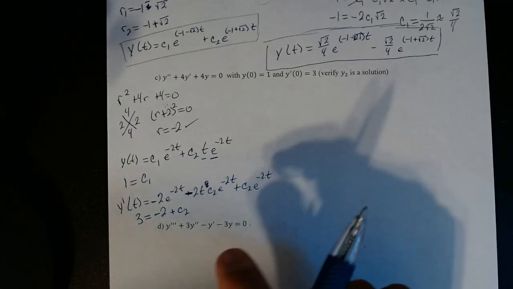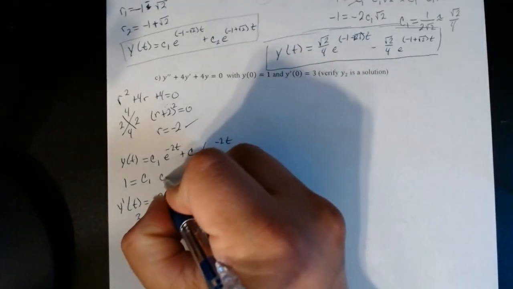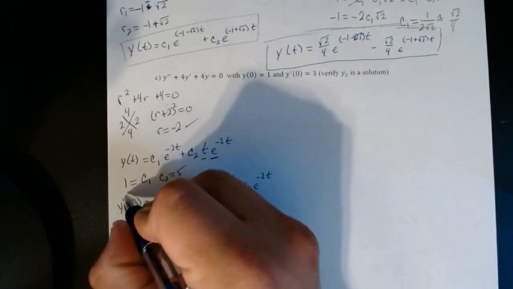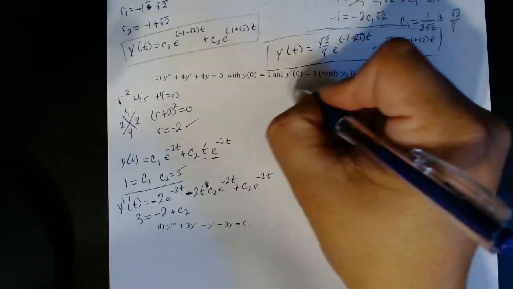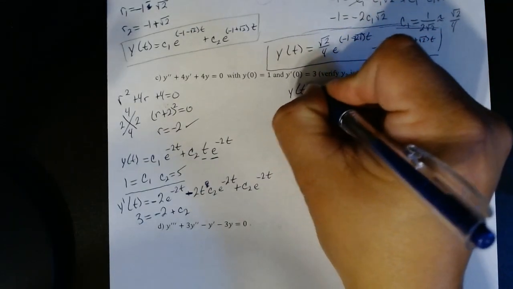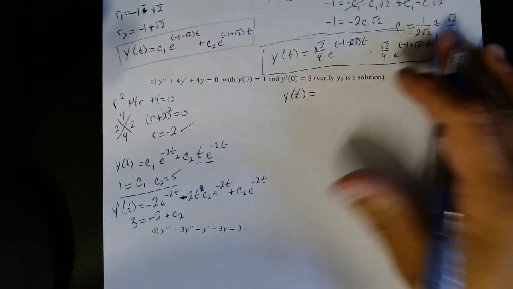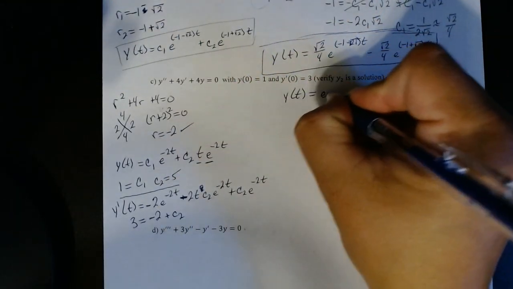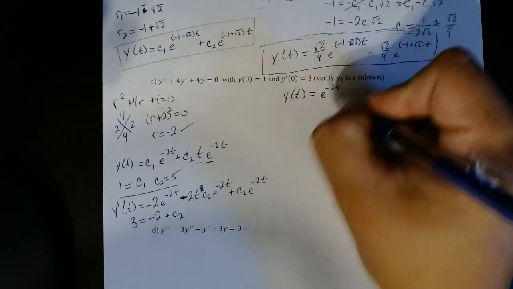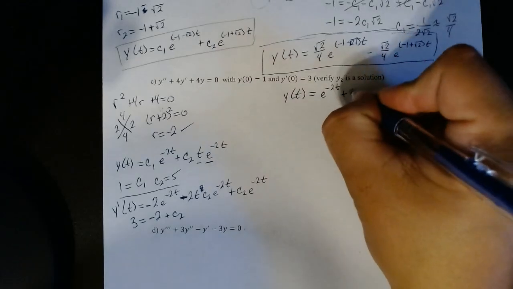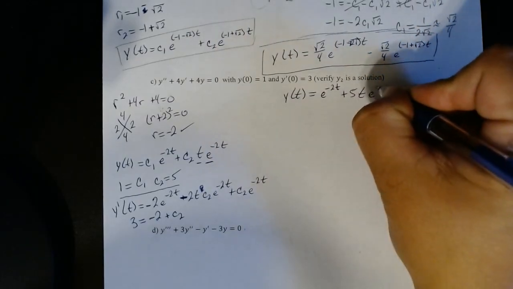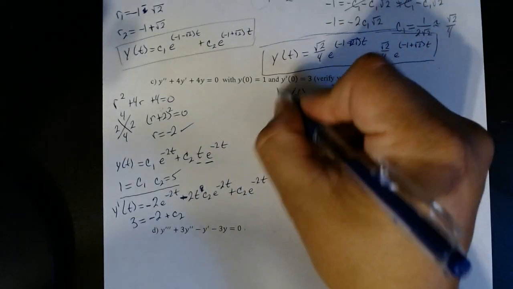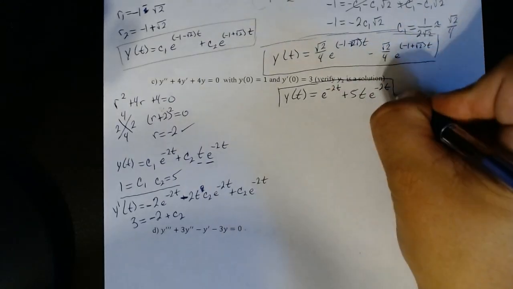So adding this over, we find out that C2 is equal to 5. So now we have our solution. So C1 is 1. This is 5. And this is our answer.